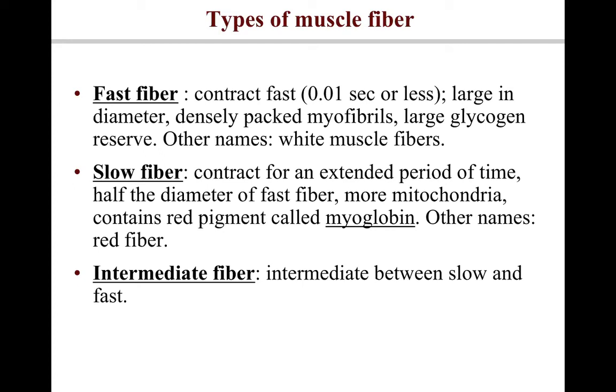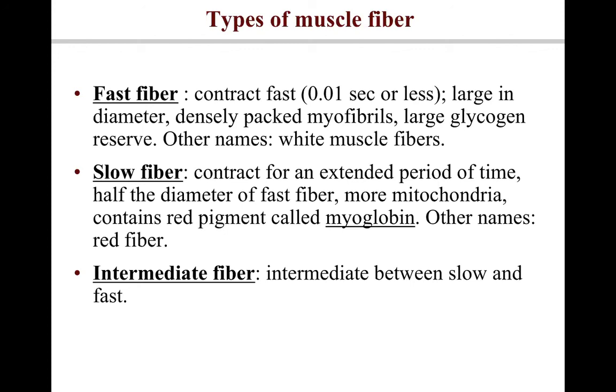And usually these are white muscle fibers. If you have seen a chicken, you will see there are certain parts which are white and certain parts which are pinkish. The white part, those are the fast fibers. They contract fast, they are packed with myofibrils, the diameters are thicker, and they have large stores of glycogen in them.